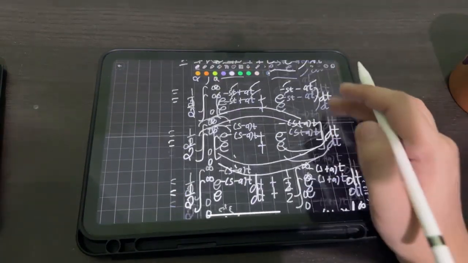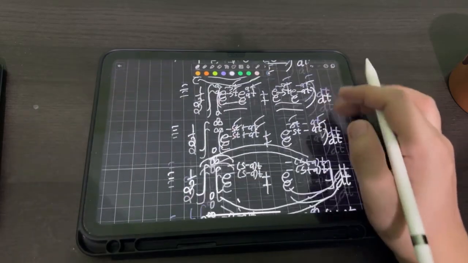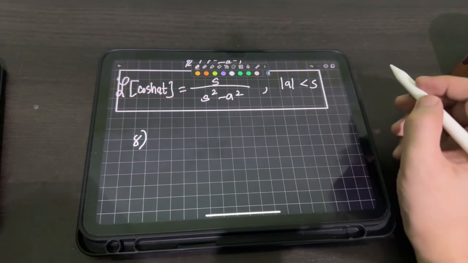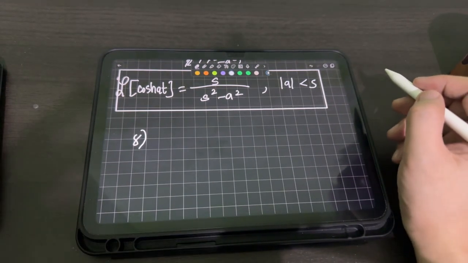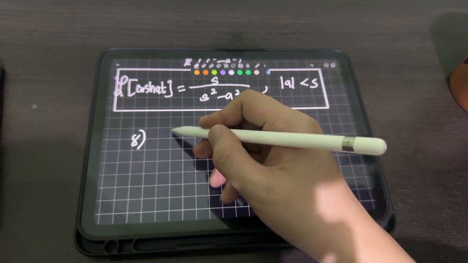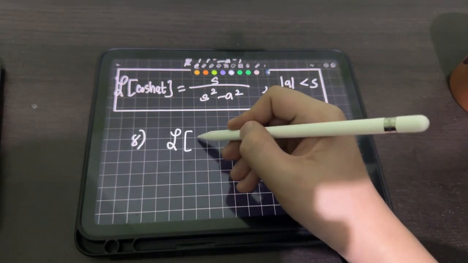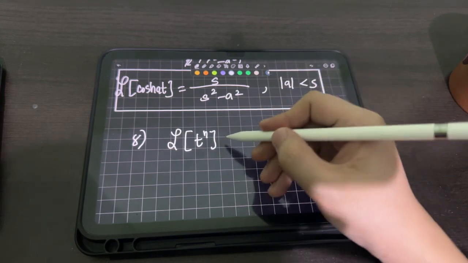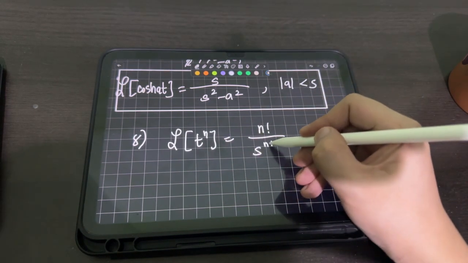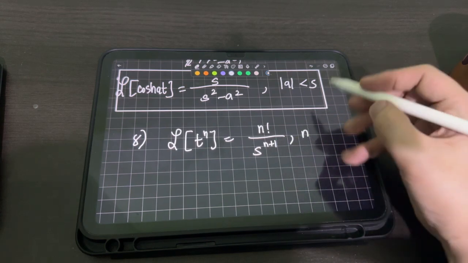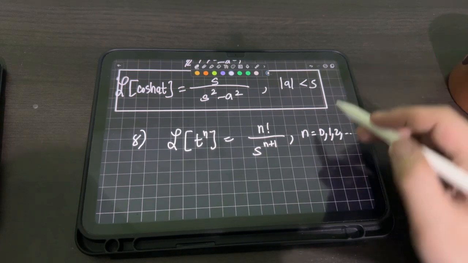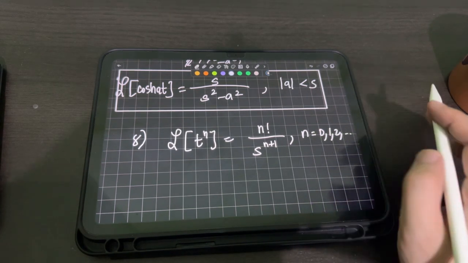Okay, next, 78. Next we consider what I've said earlier in this video, because we have the generalized version of the Laplace transform of t to the n, which is equal to n factorial over s raised to n plus 1, where n here is just a whole number, so it can be equal to 0, 1, 2, and so on.